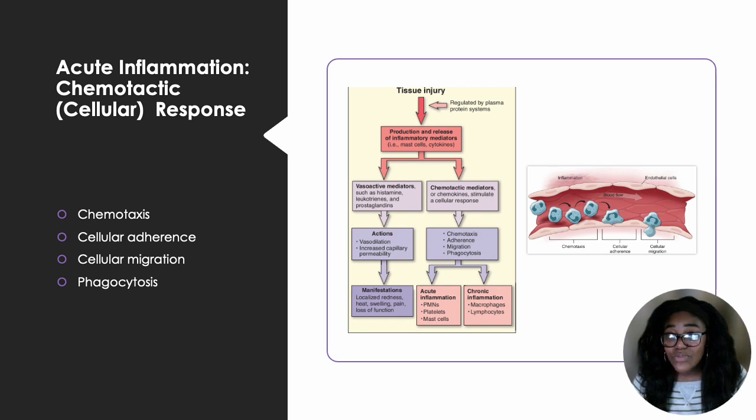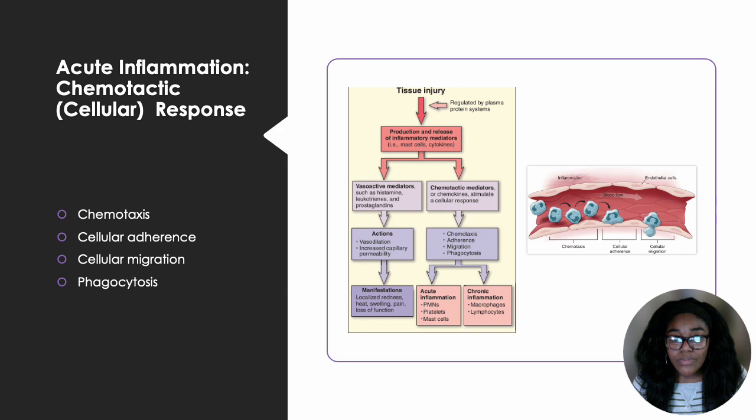And again, this is regulated by overall inflammatory mediators, so you will see a little bit of crossing over when it comes to how the inflammatory response works. Once those cells are activated and we have adherence, we have the process of migration.